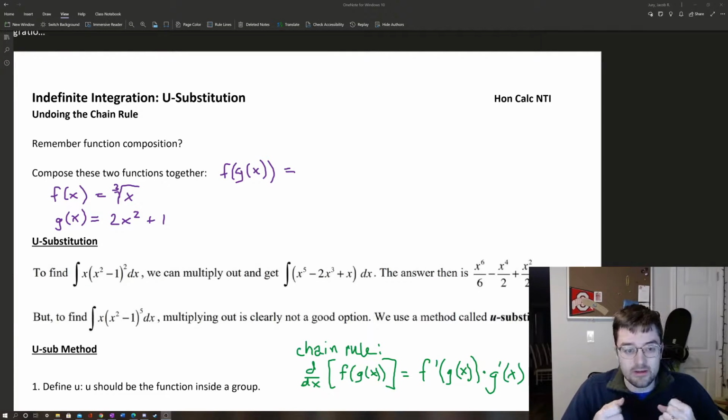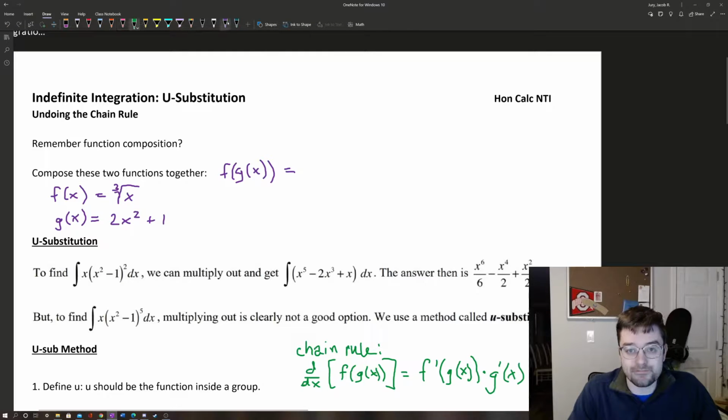So the notes I've got start off with asking you to remember the function composition feature that you maybe were taught in Algebra 2 and probably did some more practice with in pre-cal.